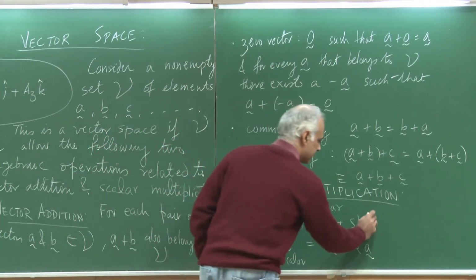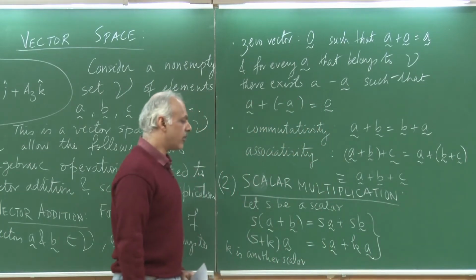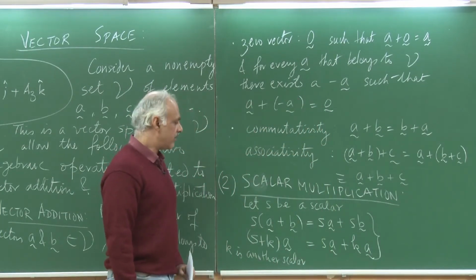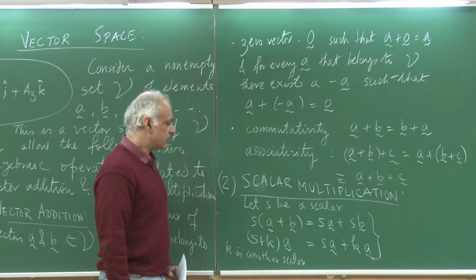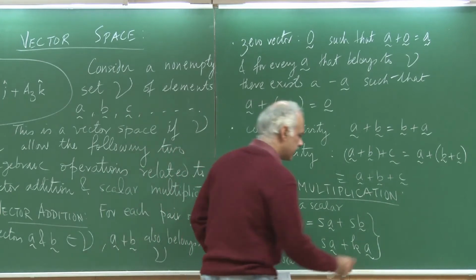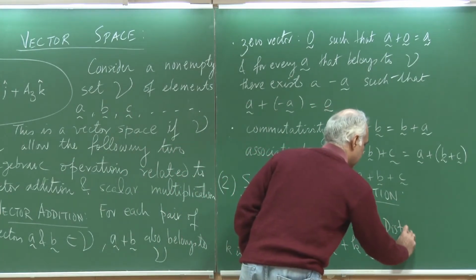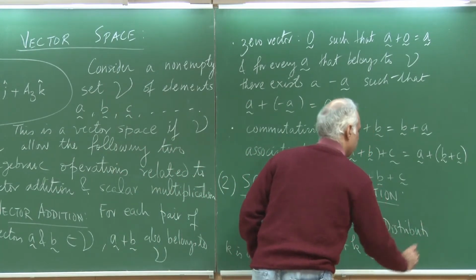So we all know this, but I am just writing this formally because we might want to remind ourselves of these definitions when we do some more analysis later on. So this is the property of distributivity.